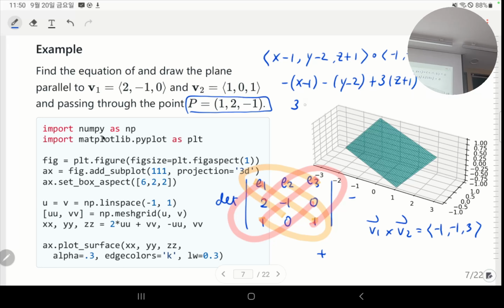So let's see. 3z. I'm going to make it into an explicit formula for z. Let me do it slowly. Minus x minus y plus 3z and plus 1 plus 2 plus 3.